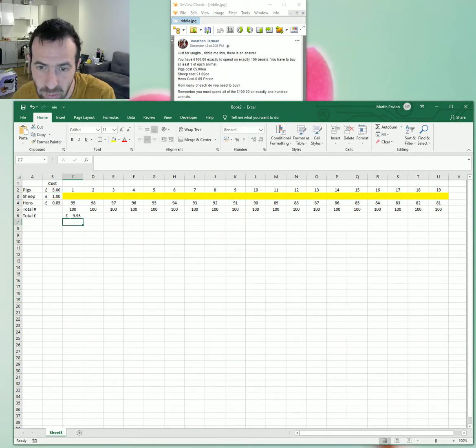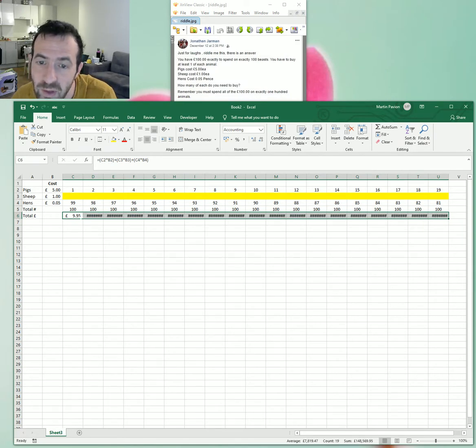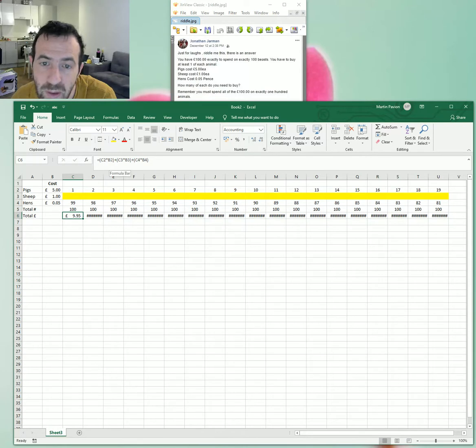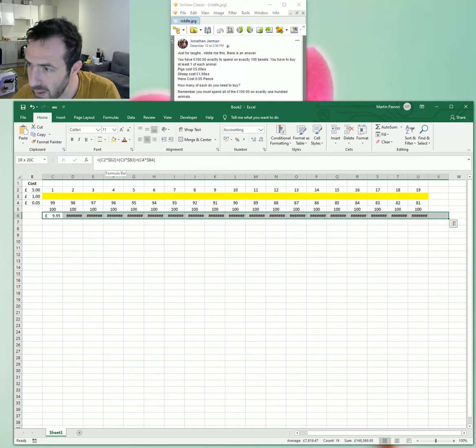Okay, so ultimately this has to work out at 100 as well, £100. Oh, hang on one second, because the costs are always fixed. Change the reference before we copy them across, like that.